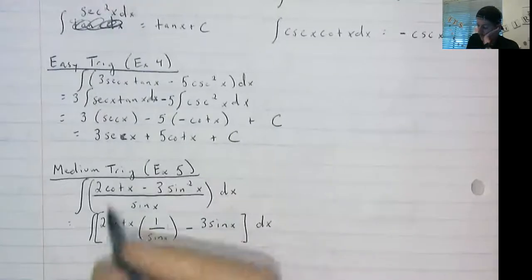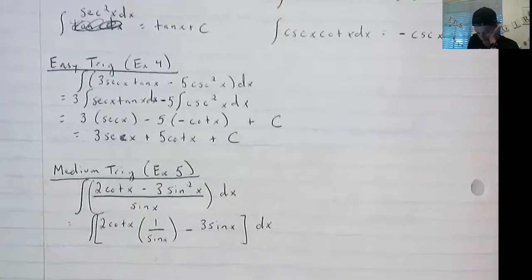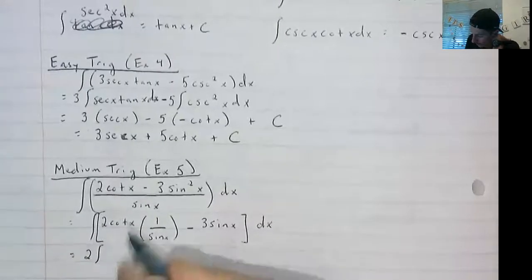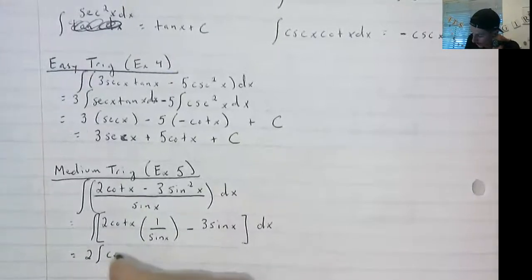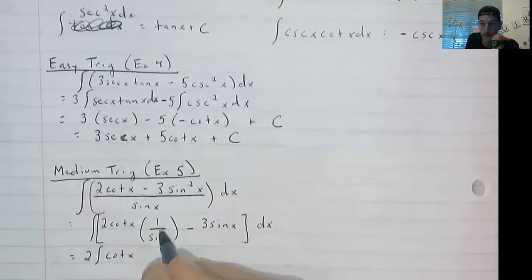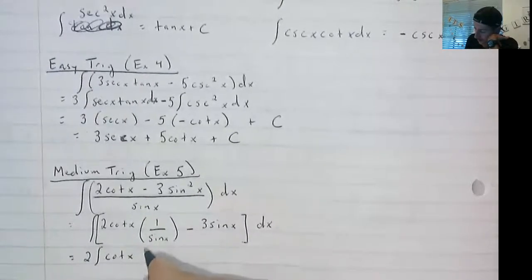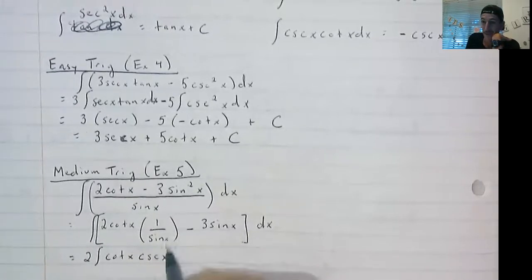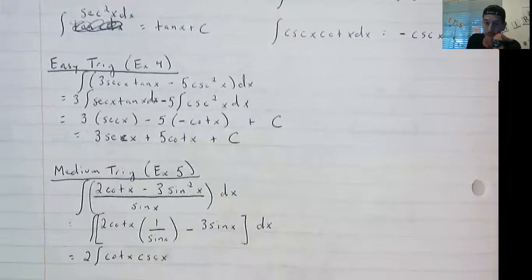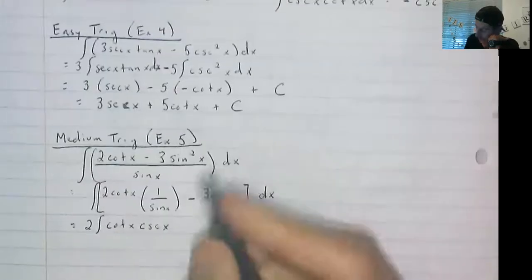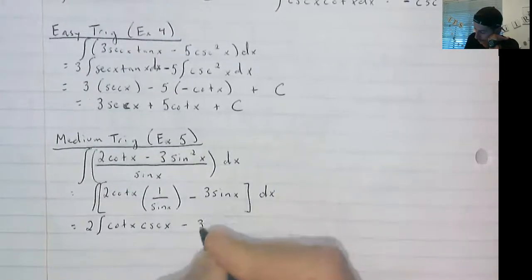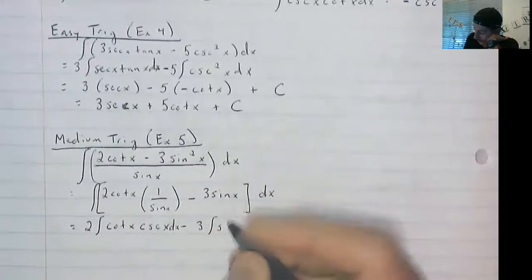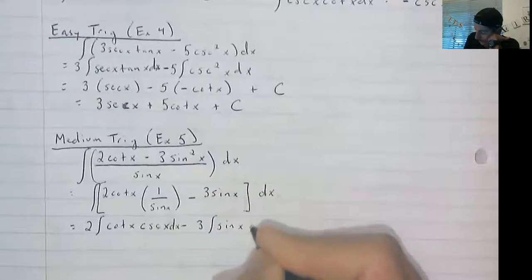Okay. So now we can rewrite this as 2 times the antiderivative of cotangent x. Well, 1 over sine is just the cosecant. So, easy trig identity: 1 over sine is cosecant, minus 3 times the antiderivative of, and I keep forgetting the dx, sine of x dx.